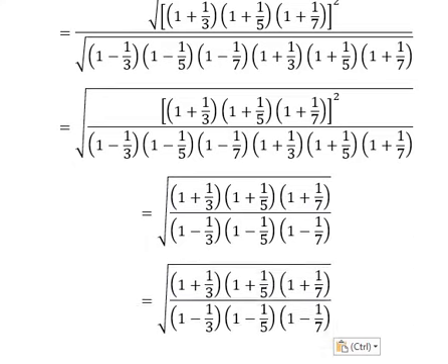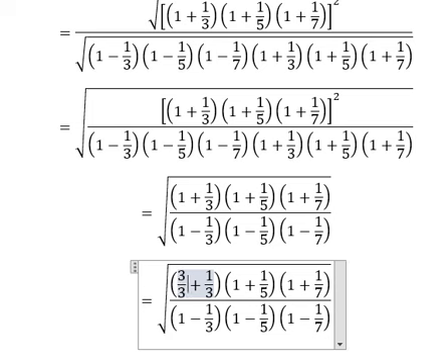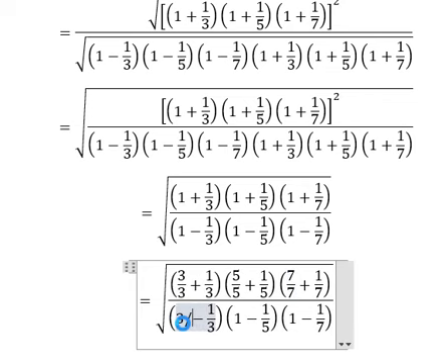Now we can take the common denominator by number 3 in here, by number 5, by number 7. Similar for the next one.